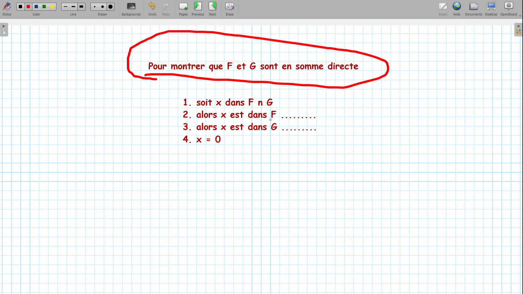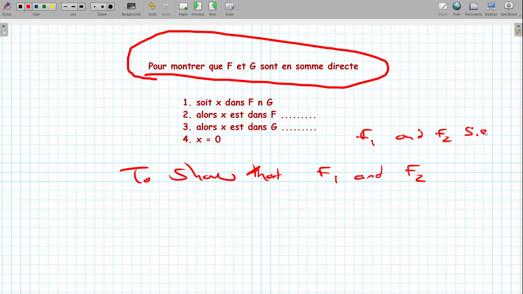Now, the first thing that you want to do, to show that f1 and f2, now f1 and f2 are subspaces of E, to show that f1 and f2 are on somme directe, that is, to show that f1 is on somme directe with f2.